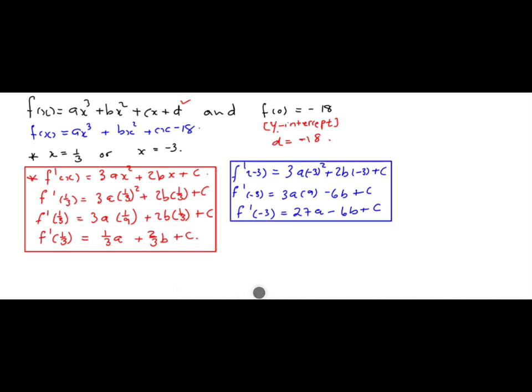Now what I do know is that these two are actually equal, because they're both equal to 0. They're both my stationary points. So what I could do is equate them, see how far that takes me.